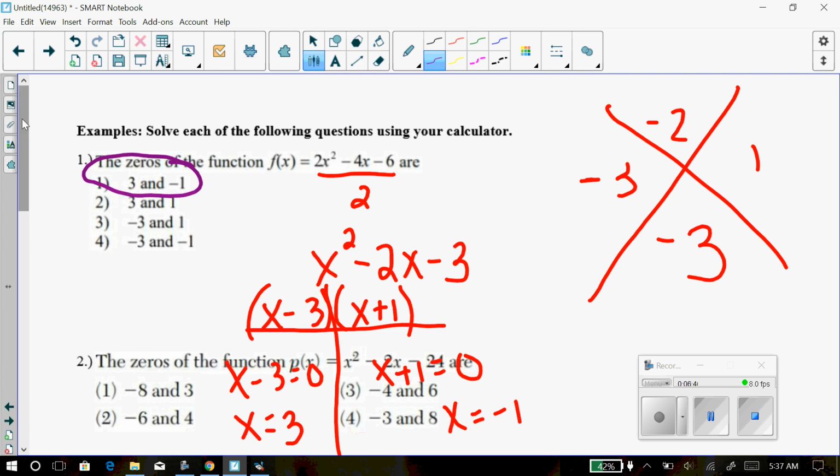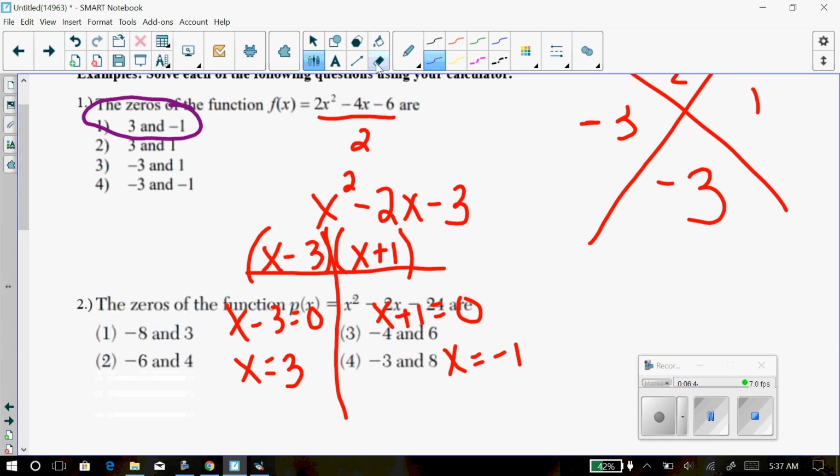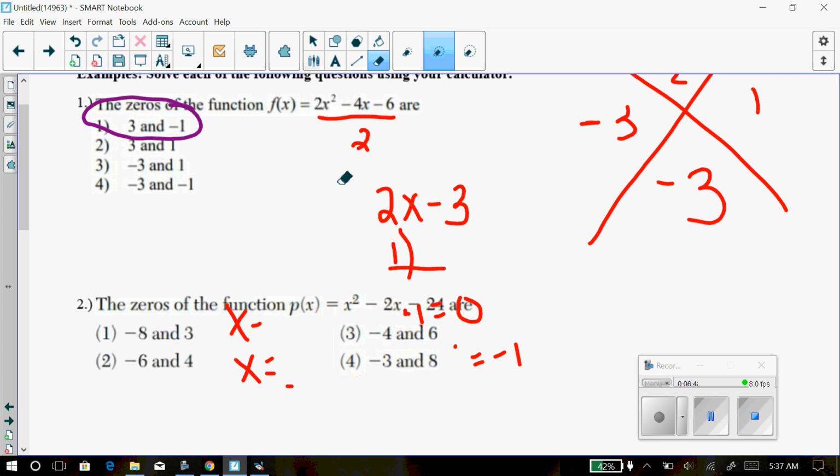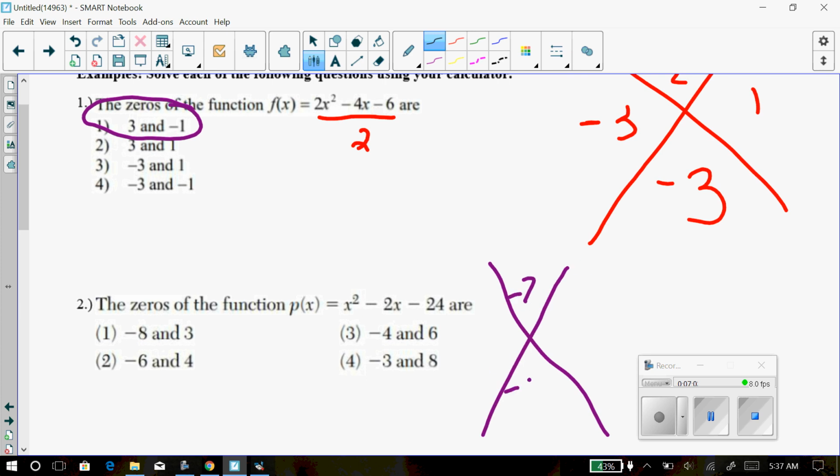Okay, let's try one more using our calculator. So I am going to erase this. It says the zeros of the function p of x equals x squared minus 2x minus 24 are what? So say I get to this, and I didn't think that, oh, I have to factor, and then set equal to 0. So you forgot that. Use your calculator.